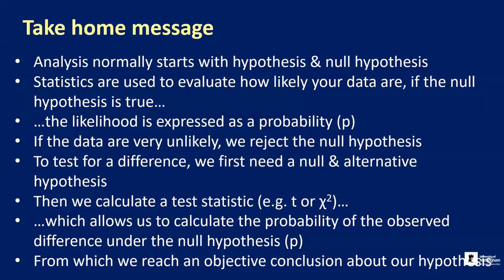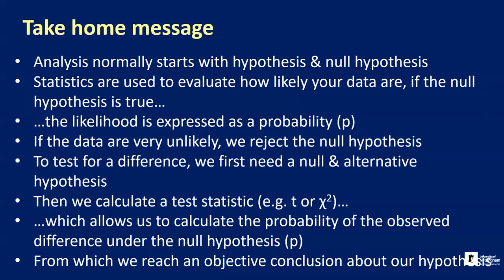We use statistics to evaluate which of these hypotheses might be right, but because we're inherently very conservative, we focus on the null hypothesis and say, we know what the data should look like if the null hypothesis is true. We can then look at the real data we've got and ask what's the likelihood of the data that we've collected if the null hypothesis is true. If the data are very unlikely, that's evidence that we should reject the null hypothesis and retain the alternative hypothesis.